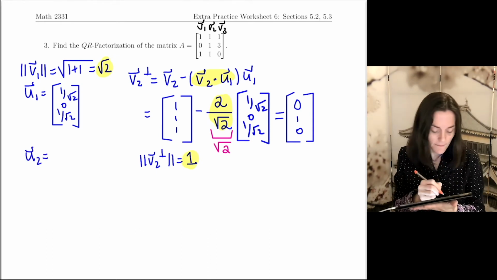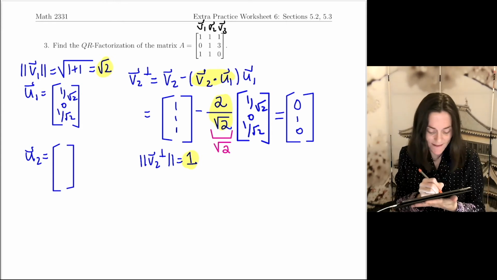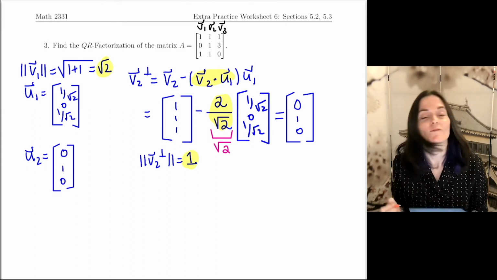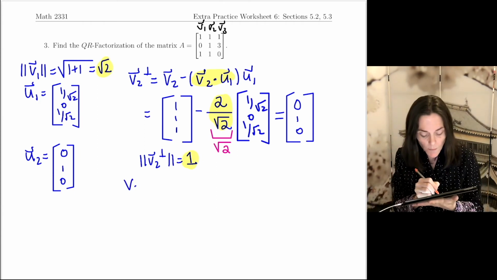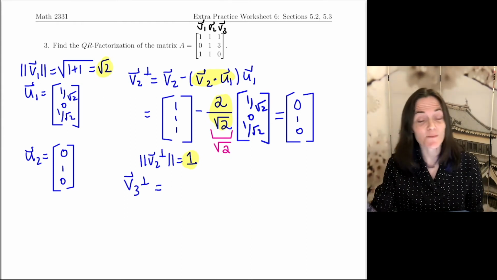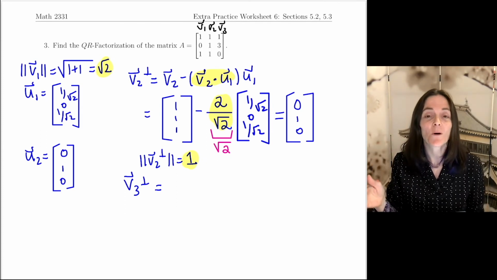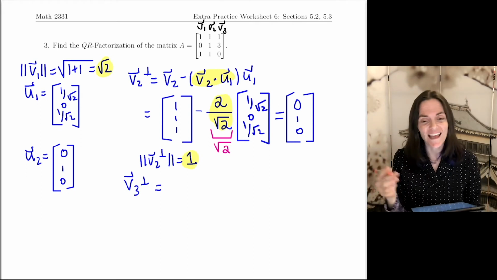I take this already unit vector and you can just divide by the length 1, but this is U2. Now, third direction, this would be the component of V3, which is perpendicular to the plane spanned by V1 and V2, or equivalently, the plane spanned by U1 and U2.